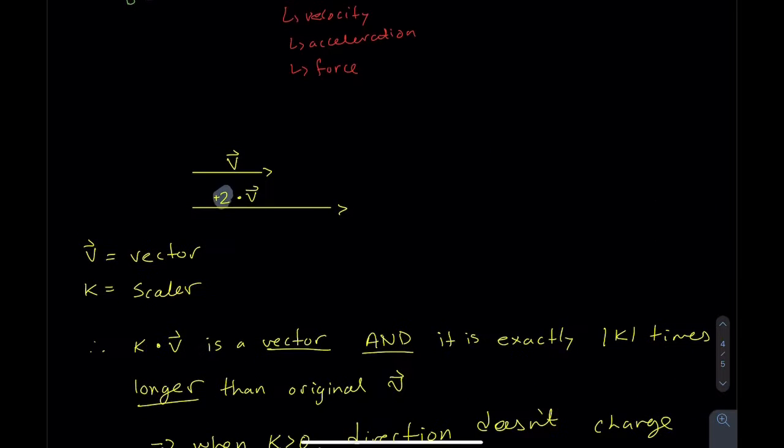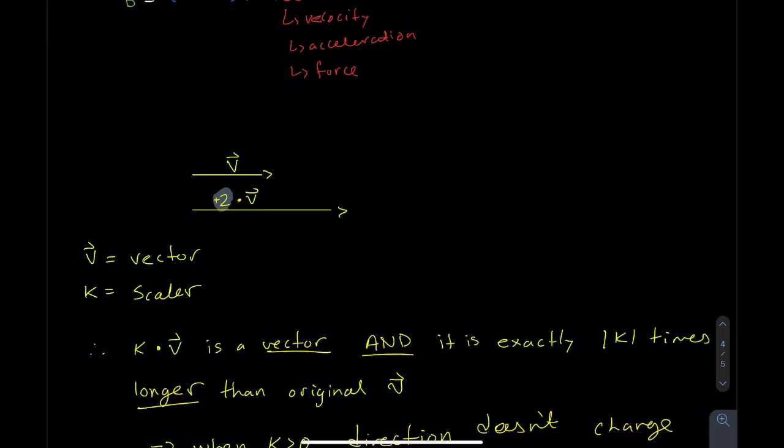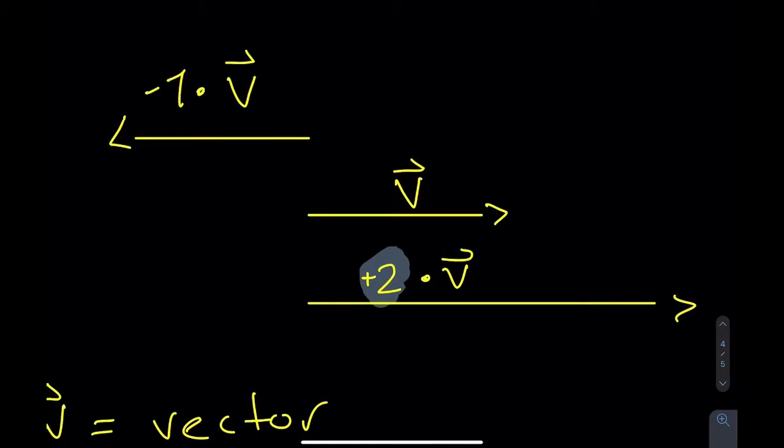Now, what would happen if vector v here was multiplied by -1? Well, something like this would happen. If it was multiplied by -1, so here's -1 times vector v, it would have the exact same magnitude. So this and this have the same magnitude, the same length, but they're facing in opposite directions.